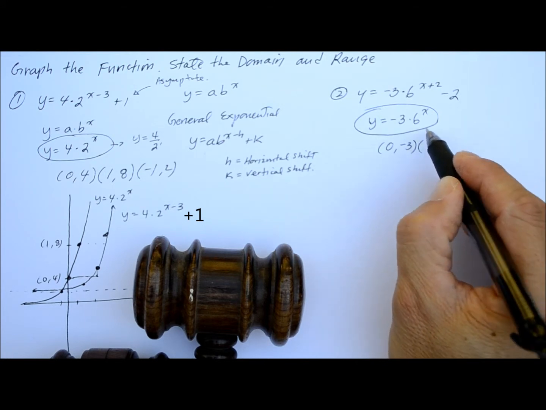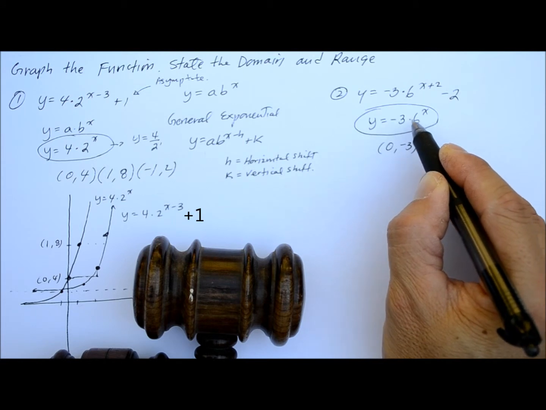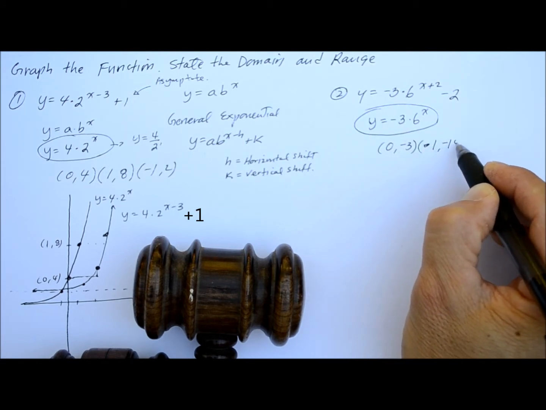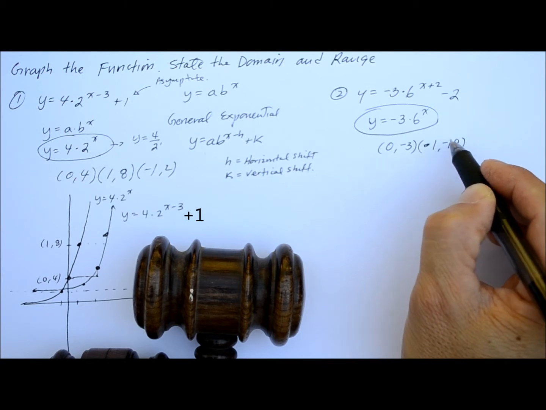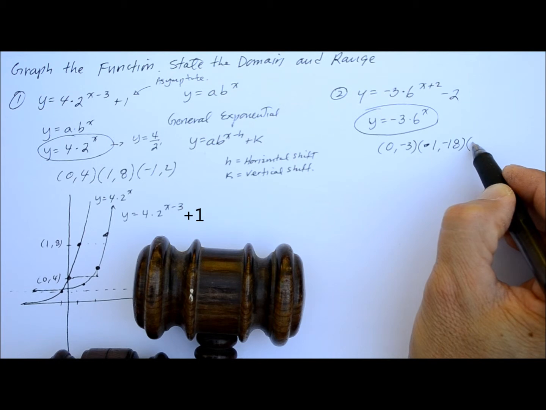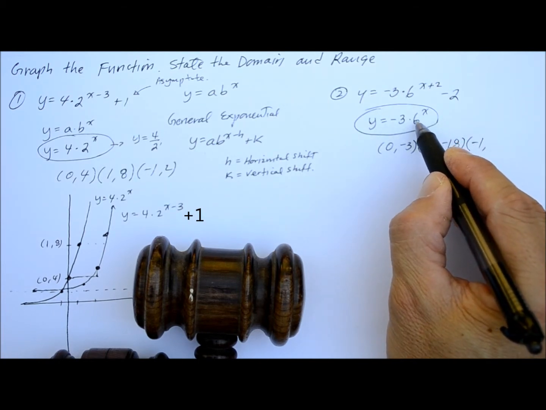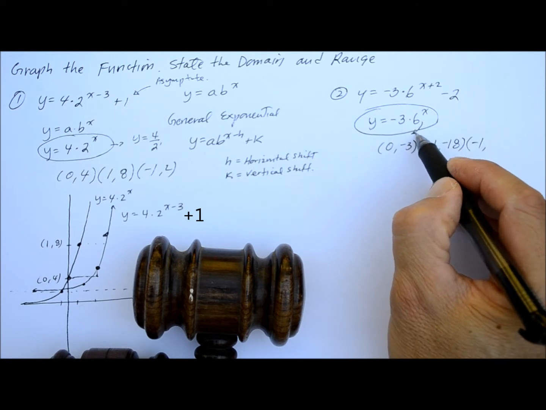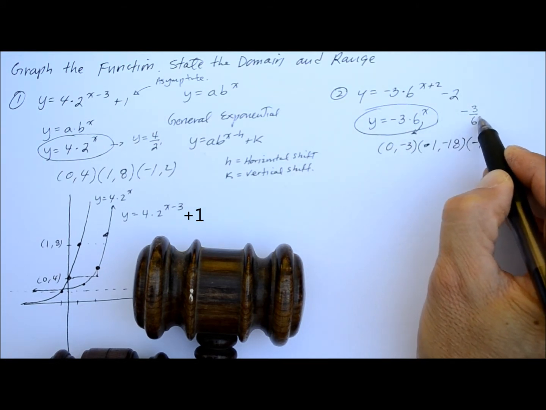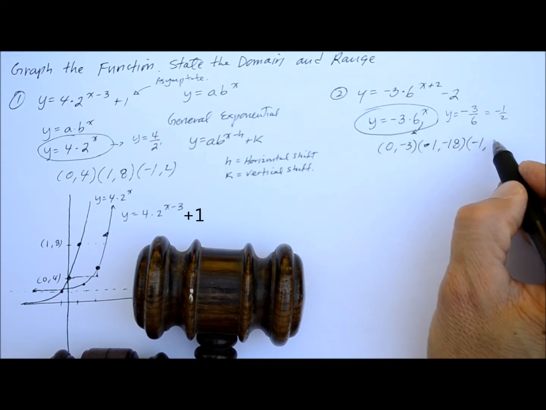If I let x equal 1, 6 to the first power is just 6, times negative 3 is negative 18. Whew, that's huge, isn't it? So let's give it a negative value and see what happens. If I put a negative 1, the 6 is going to come down as a denominator, so it becomes negative 3 over 6 to the positive first power, which is negative 1/2.